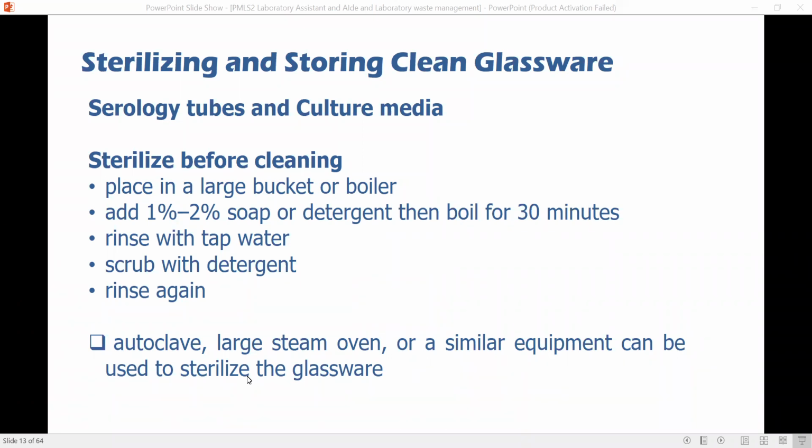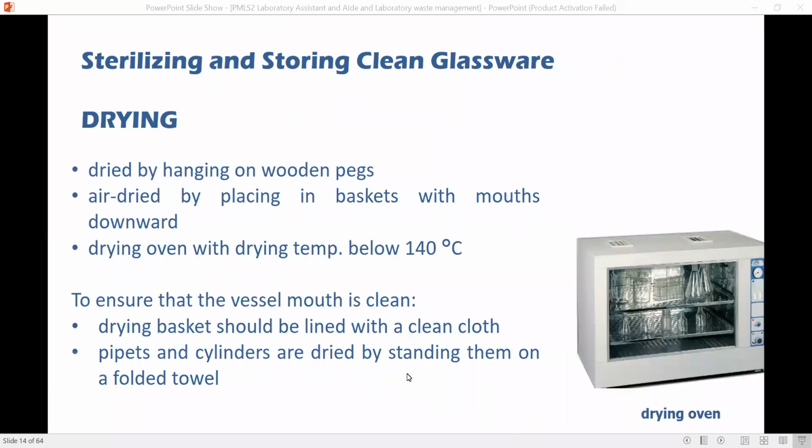But again, advised will be, of course, the use of the autoclave, or large steam oven, for serology tubes and the culture media. Better kung meron kang autoclave, or large steam oven or similar equipment that can be used to sterilize the glassware.